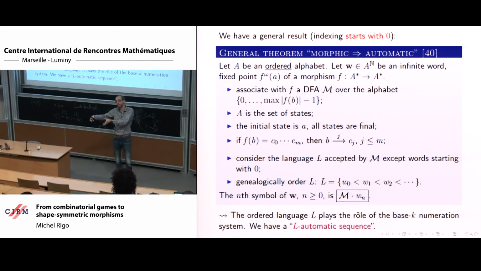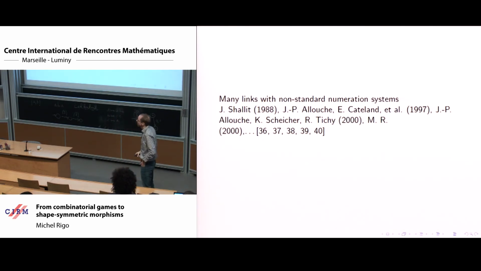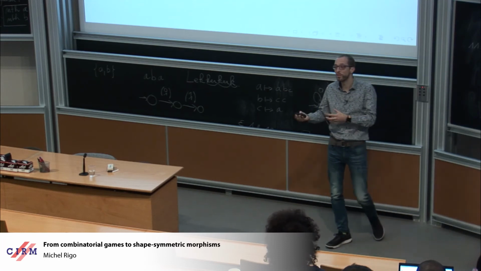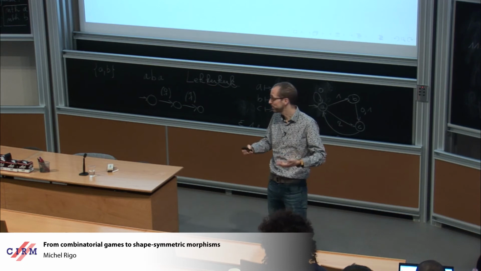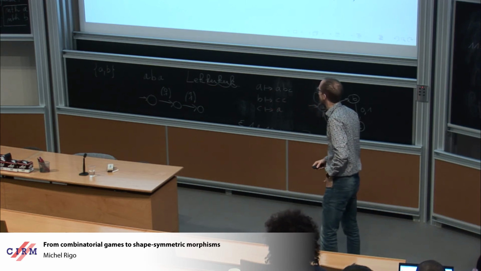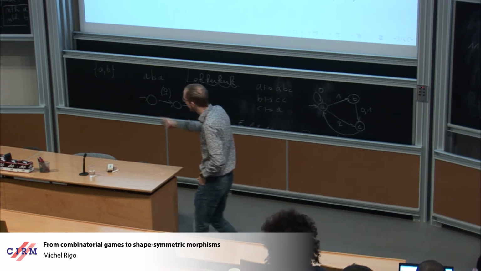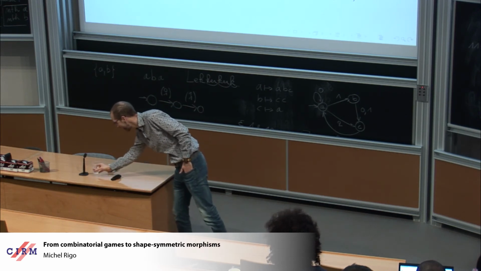You give me some automaton, some language, and I build a sequence like that. Of course, this language can be linked to some numeration system, and so you have many non-standard numeration systems playing behind that. Okay, so let's come back to Fibonacci and see what's going on.